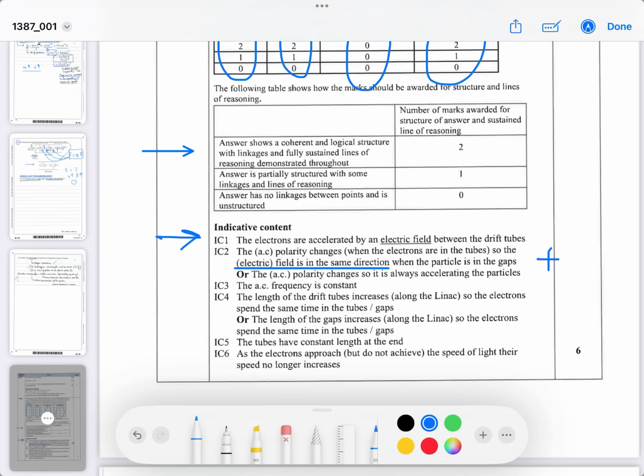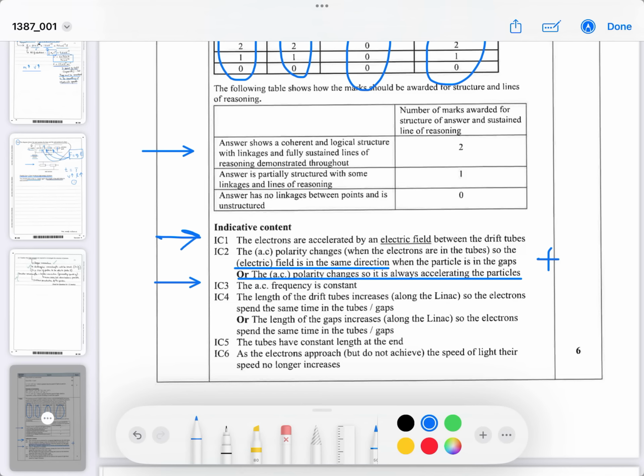Or you could say the AC polarity changes so that it's always accelerating the particles when the electron leaves the drift tube.